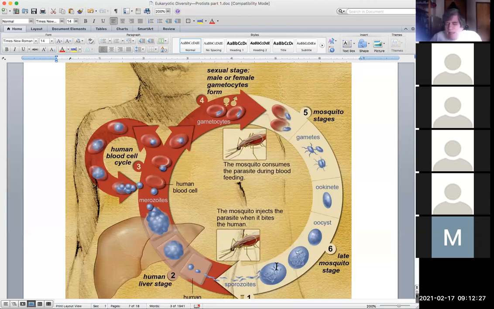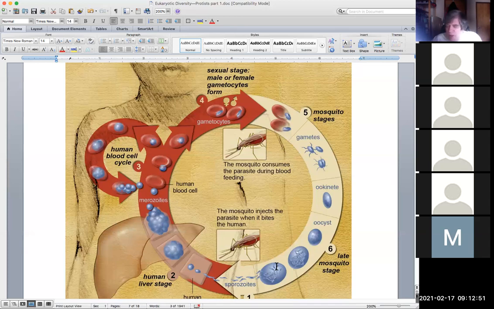Now, there are many other parasites in this group. And when we look at these parasites, in general, they all can only move the same way that Plasmodium moves. They have to get inside a host, and they have to let the host's body fluids carry them around the body.